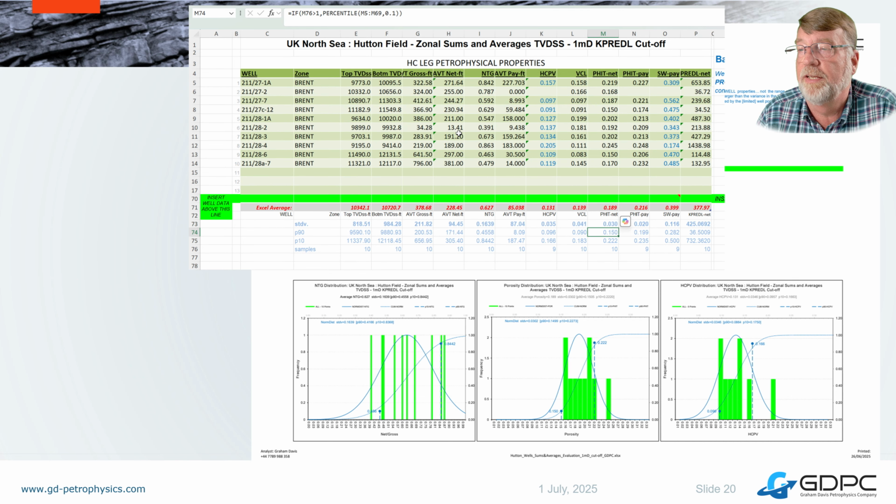And if you look at that, these are just Excel functions, percentile. So the percentile of this range, and in this case, I've used the 10 percentile. So by convention, most people, and it depends by company, I think Total used to do it differently or whatever, but P90s in our world are generally the smaller number, if you like.